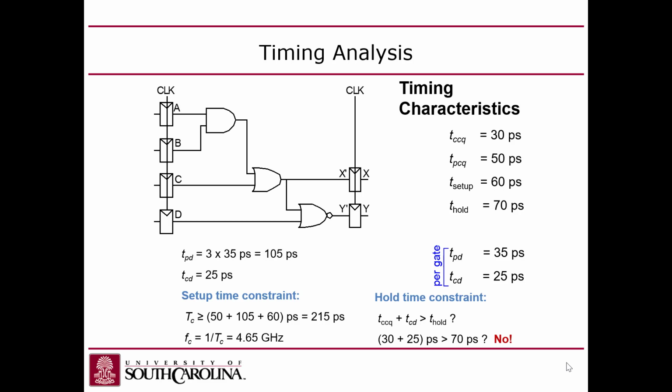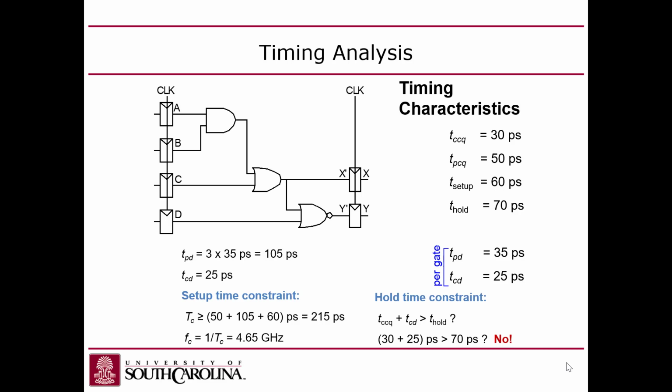So my propagation delay is 3 times the propagation delay of a single gate. So it's 3 times 35, which is 105 picoseconds. The contamination delay is the shortest path through here, which would be through this gate, so you're subject to the contamination delay of a single gate, which is 25 picoseconds. So this is the propagation and contamination delay of your logic.